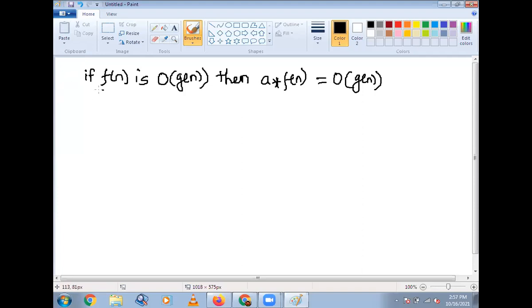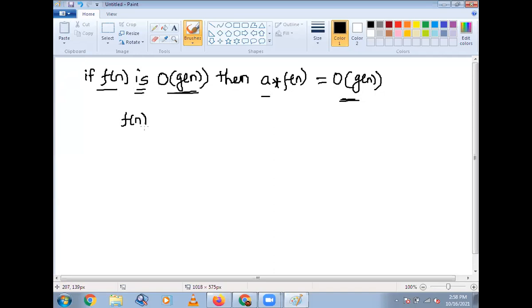If f of n is equal to order or big OH of g of n, then any constant a into f of n is equal to big OH of g of n. We'll see one example.